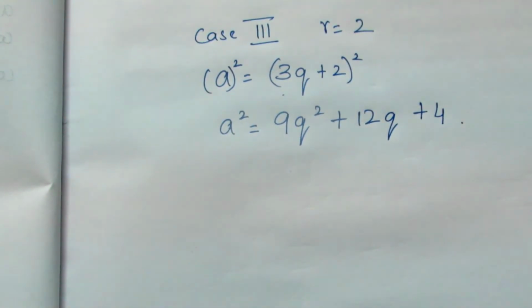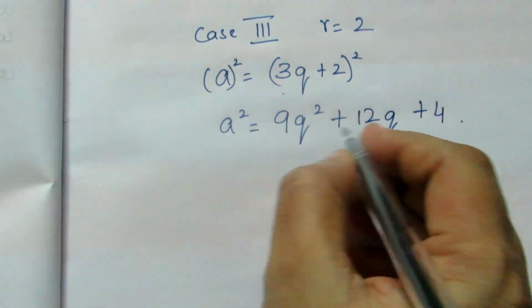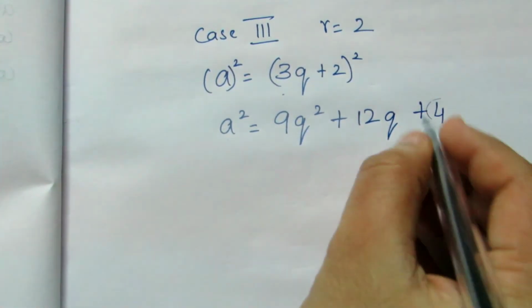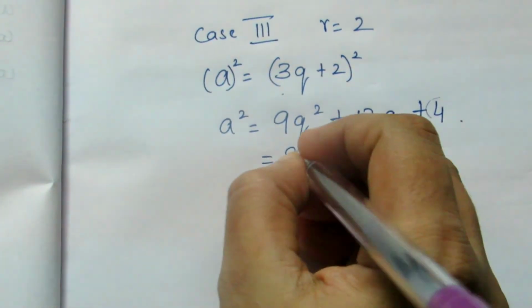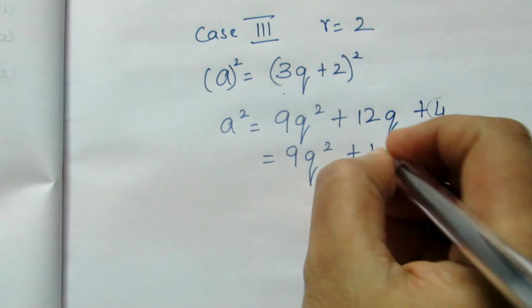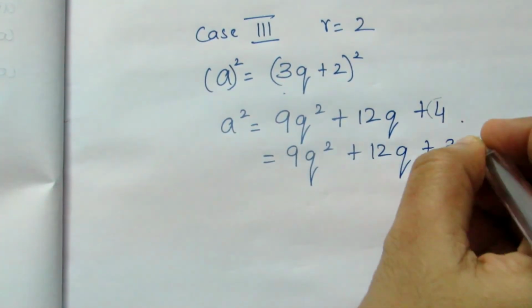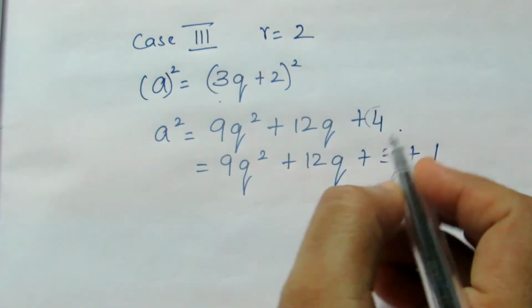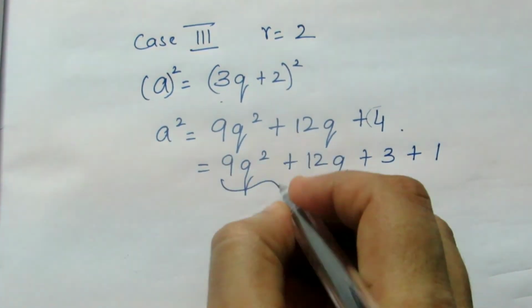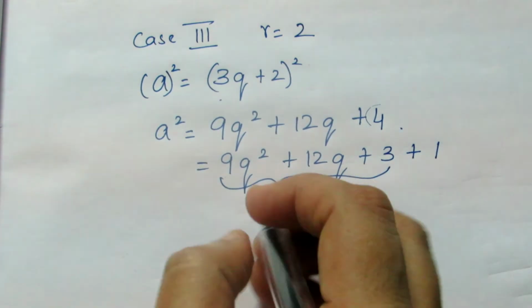Here they have given the form should be of 3m or 3m plus 1. If I take 3 common, my form will have plus 4, which is not possible. In this case, I can write the 4 as 3 plus 1. If I take 3 plus 1, this adds up and becomes 4. So now I can take 3 common from these 3 terms.